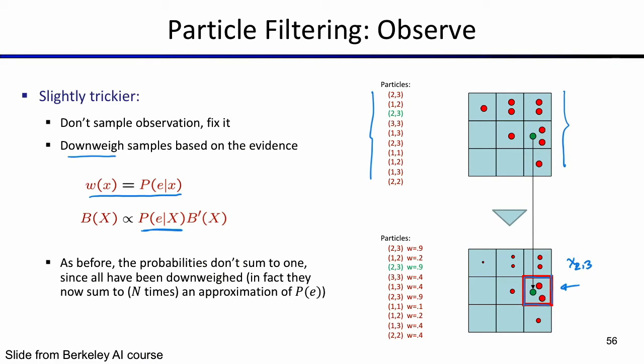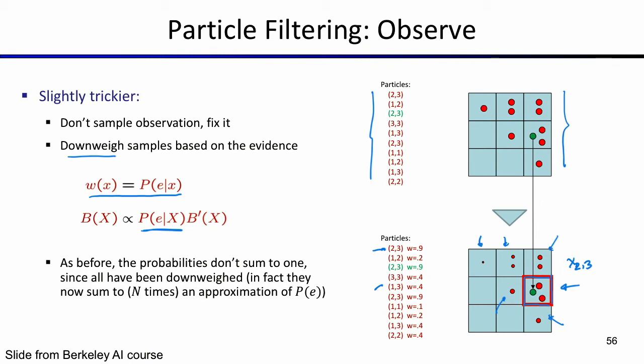So in this case, all the particles that are here in the state x23 are going to receive 0.9 probability, like this one. You're going to associate smaller probabilities to these states here that are just one step away from the state x23, and I'm going to give them 0.4 probability. This one is going to get a 0.2 probability, and this one that is very far away is going to get 0.1.